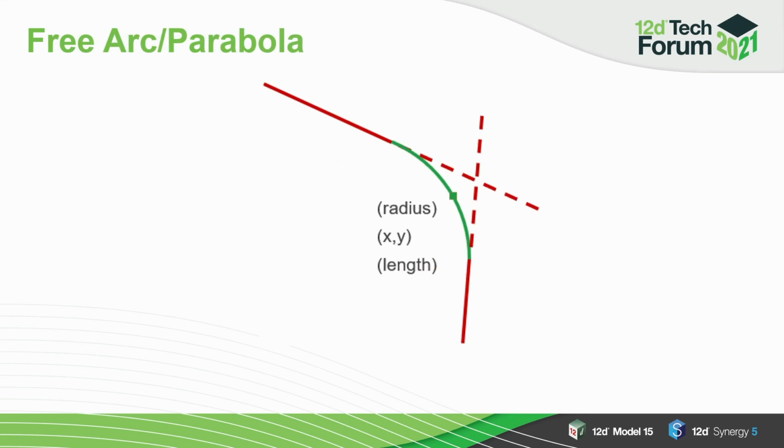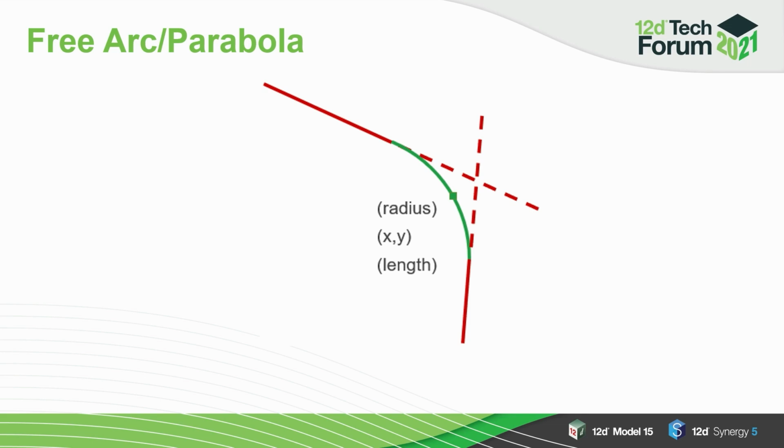Now when you're starting out with the element method, you'll primarily be using fixed lines for straight lengths of roads and free arcs or free parabolas for vertical design as your curved lengths. So typically we'd have two fixed lines which intersect at a certain point, which we let 12D calculate. This would be our IP point, but it's not an important point for us now.